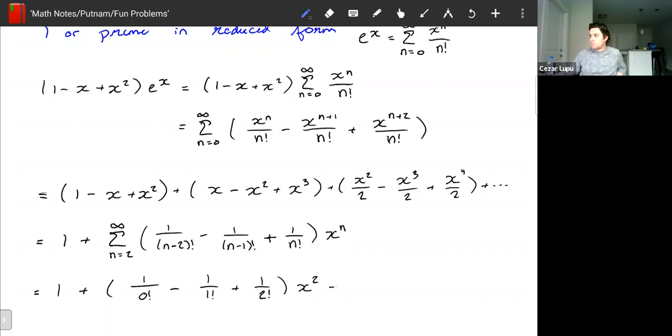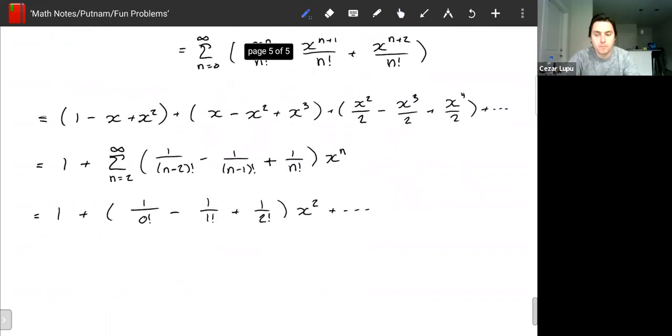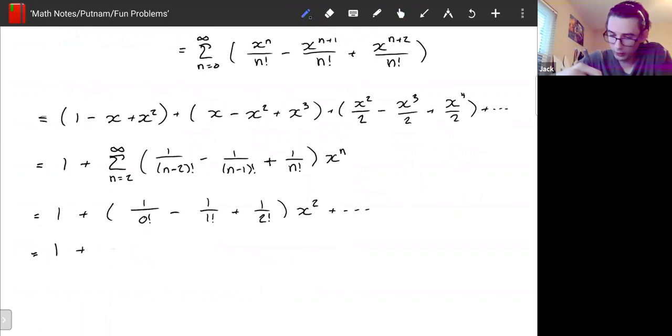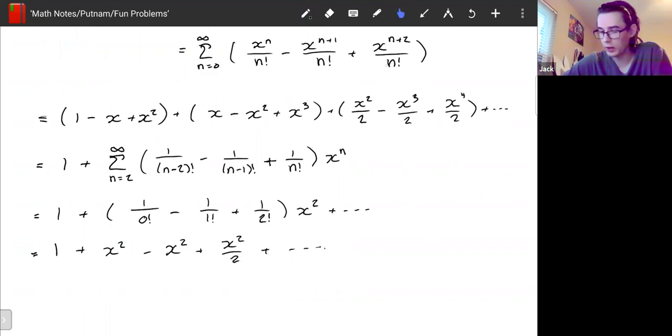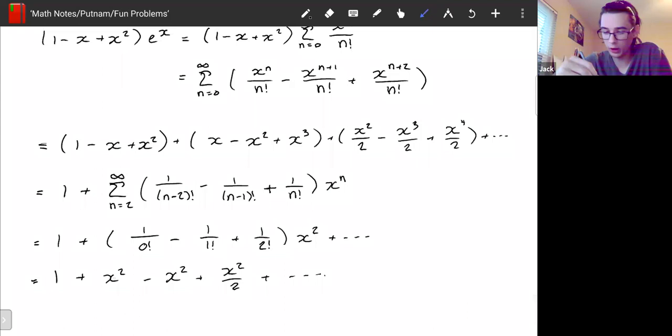So that means that we'll have a 1 plus x squared minus another x squared plus an x squared over 2, and then of course more terms. And if you see right here, we have our positive x squared, our negative x squared, and our x squared divided by 2. And if you look at that, right, and if you try to do n equals 3, you see that the first instance is going to be this one right here.